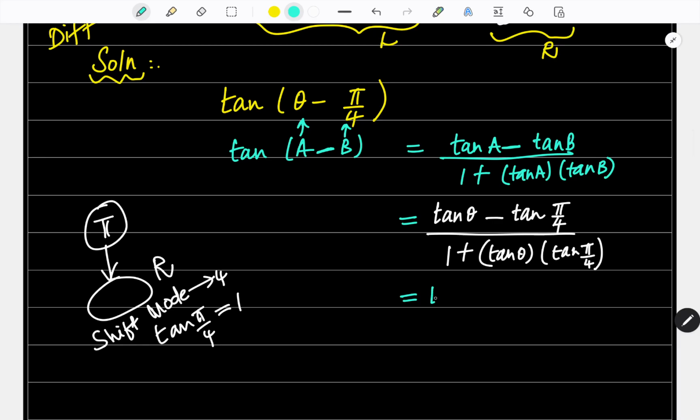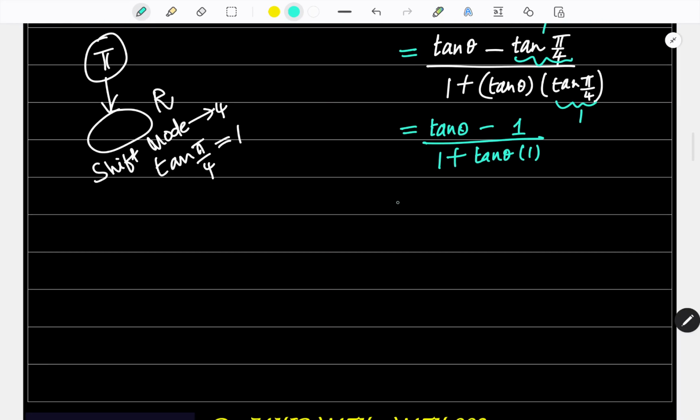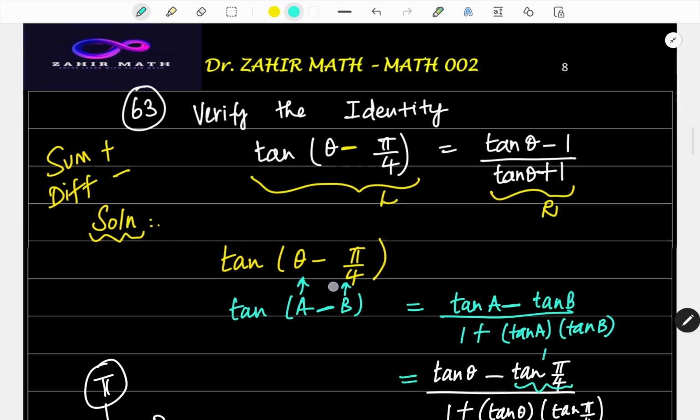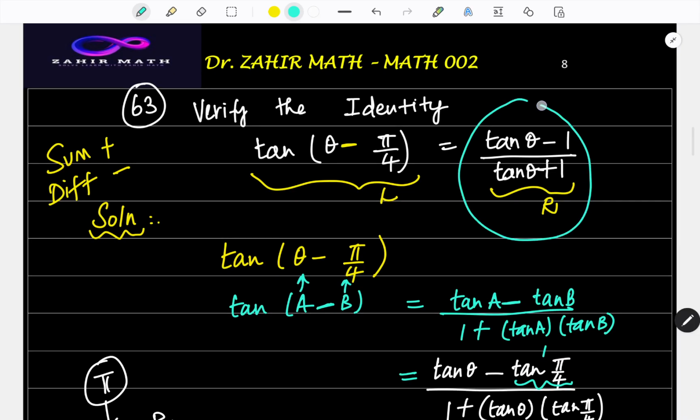So therefore this is equal to tan theta minus 1 divided by 1 plus tan theta, because for theta there is no value. Tan pi by 4 is 1. So this equals tan theta minus 1 divided by 1 plus tan theta. Let me check the right hand side. Wow, very nice.